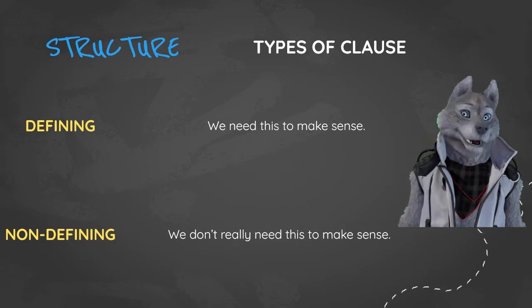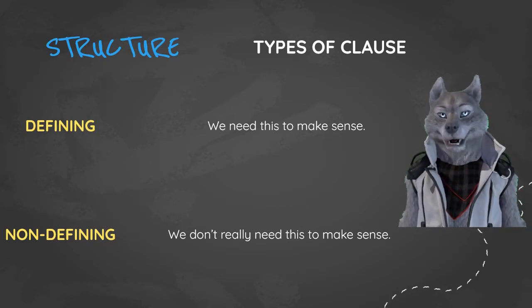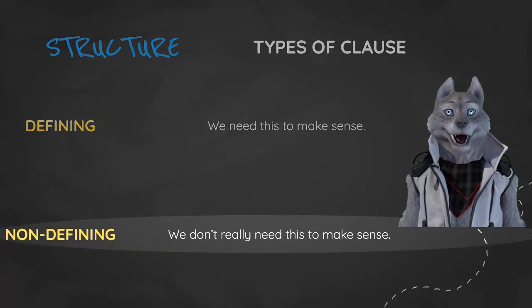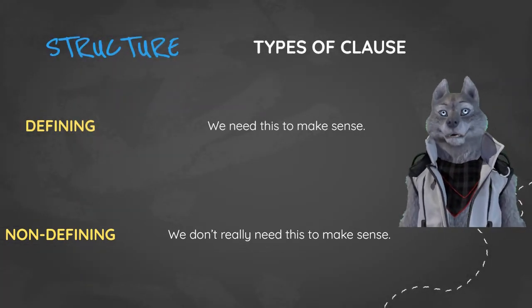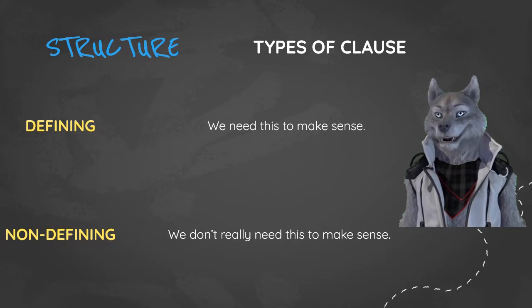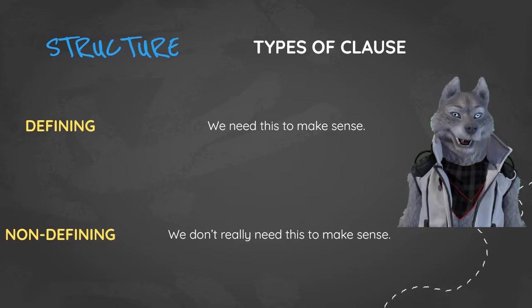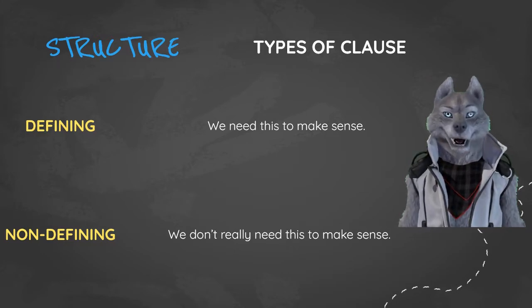If we remove any word from that clause, it's not going to make sense at all. Non-defining means that we don't need that and we can remove the clause and the sentence will not be affected. Long story short, that is. So, what do you think? Defining or non-defining? The thing about the commas.